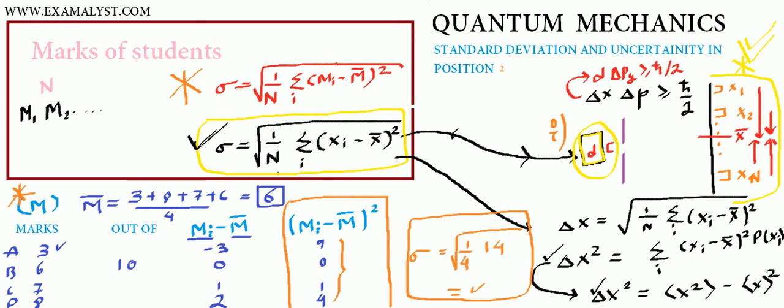Then I gave you the mathematical definition of the standard deviation in terms of position. This is the second point. Then I stated how this mathematics can be related to the uncertainty in position.